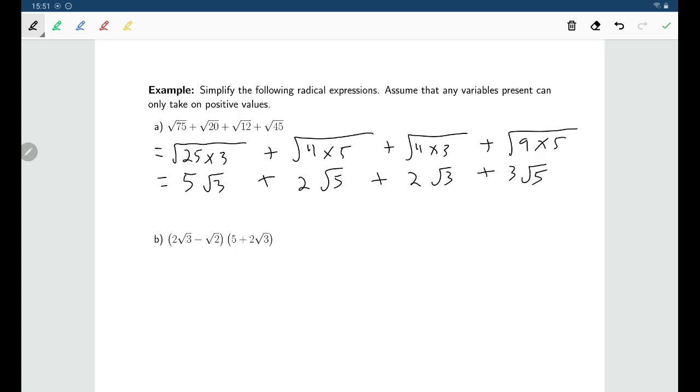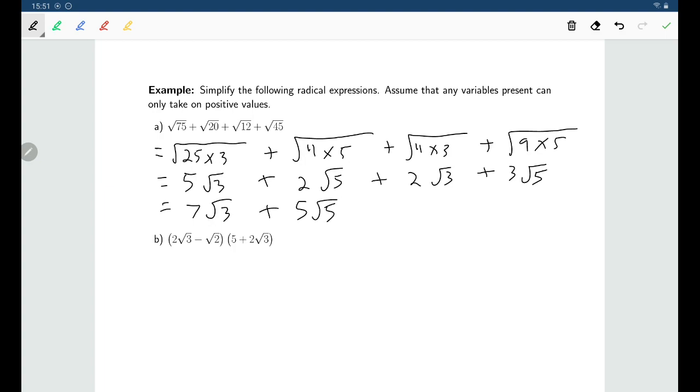And now I can see that I've got some terms that have roots of 3 involved. I can combine those together. I've also got some terms that have roots of 5 involved, so I can combine those together. I have 5 root of 3 and 2 more root of 3's, so I've got 7 root of 3. I've got 2 root 5 plus 3 root 5. I have 5 root of 5 all together.